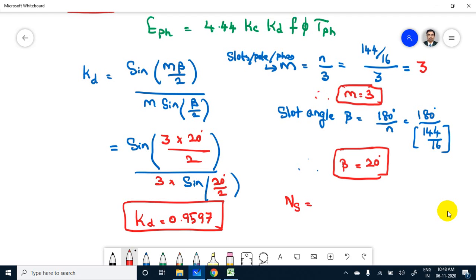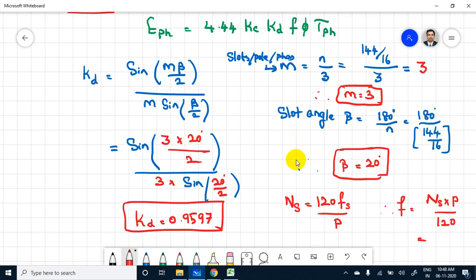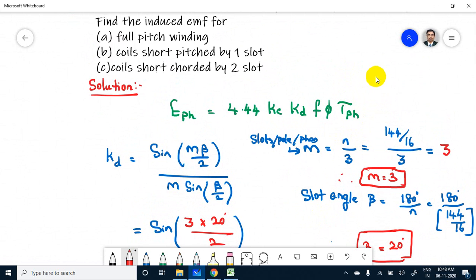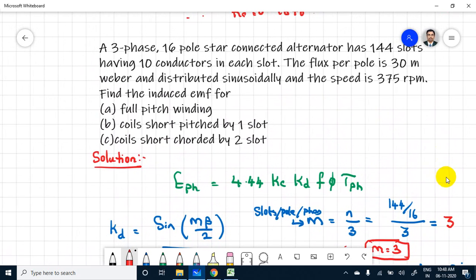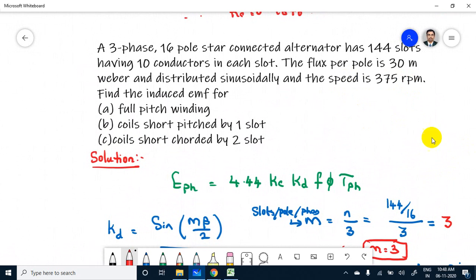So we have to write Ns equal to 120 Fs by P. So from this, F equal to synchronous speed Ns into P by 120. So how much is Ns in your question? Anyone tell me? Ns speed is 375, right?